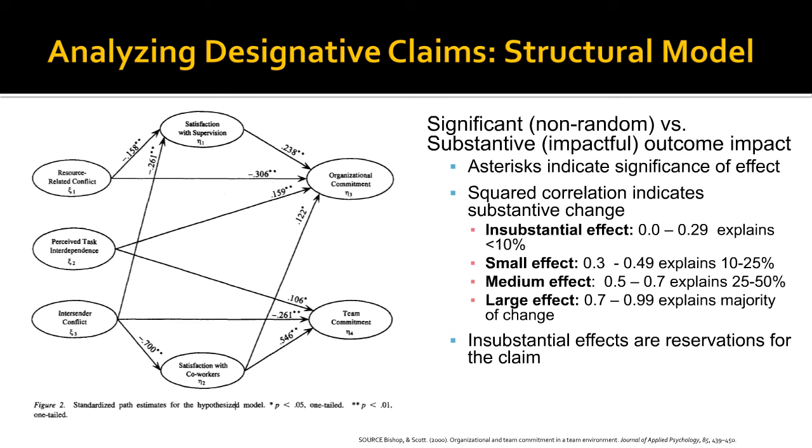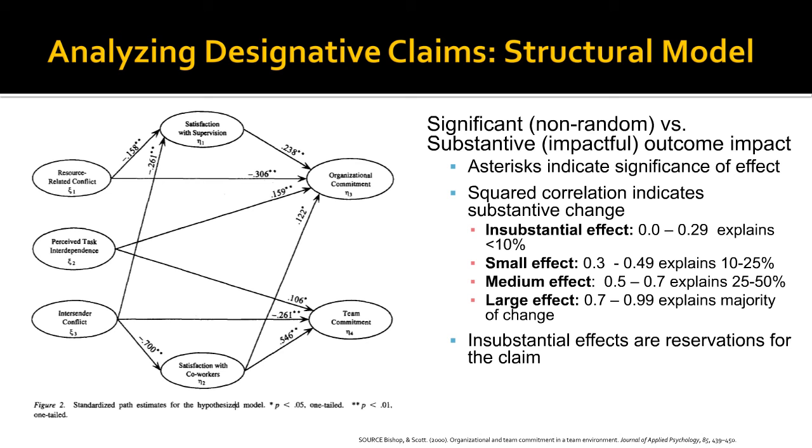Correlations between 0.5 and 0.7 are labeled medium effects because they explain between 1/4 and 1/2 of the change in the outcome. Finally, correlations greater than 0.7 are labeled large effects because the majority of the change in the outcome is explained by the causal factor having these high correlations.